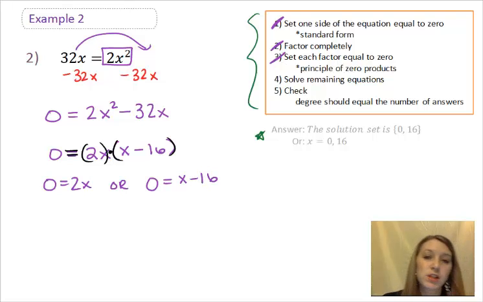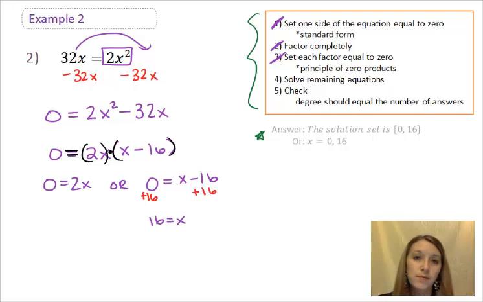So I have finished step number 3. Step number 4, I'm down to linear equations, so I solve these by isolating the variable. I'm going to start with my right hand one here. To get rid of that -16, I'm just going to add 16 to both sides. That gives me the answer of 16 is equal to x.